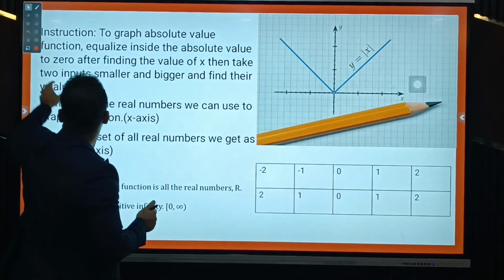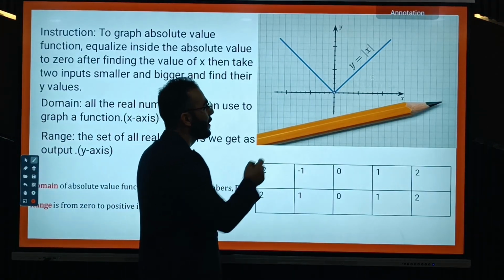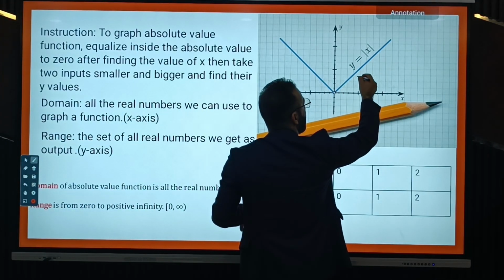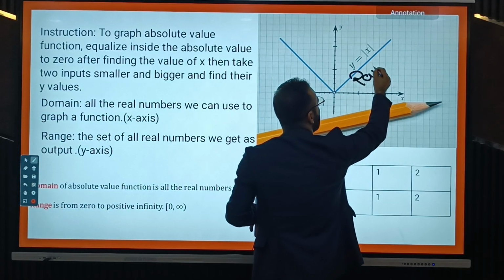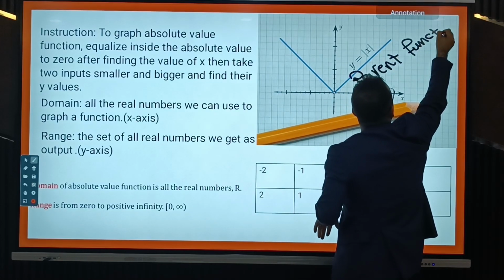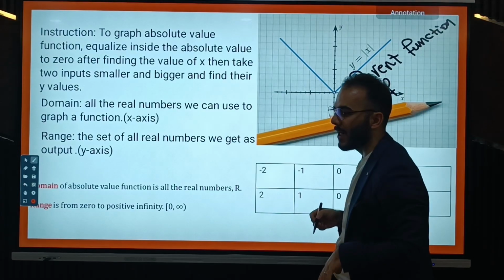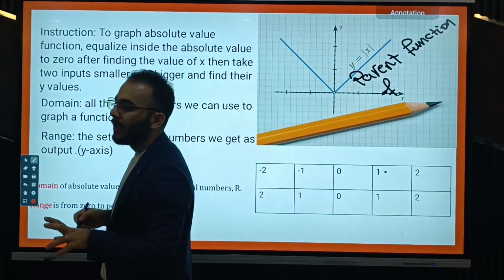By the way, I want you to know that y equals absolute value of x, we call it the parent function of the absolute value function.